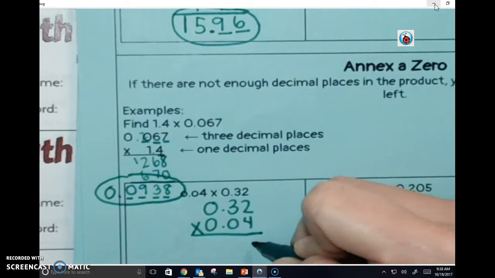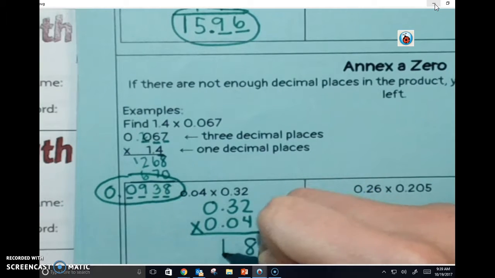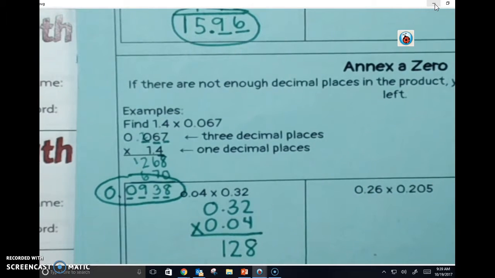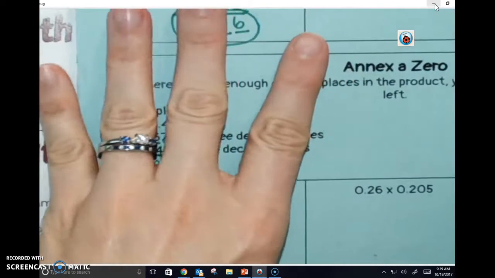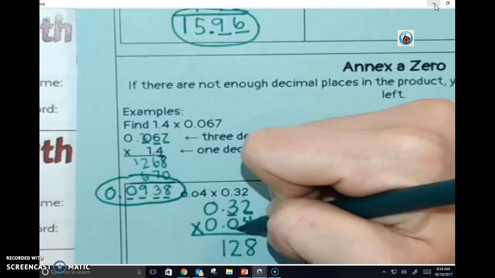So 2 times 4 is 8. And 3 times 4 is 12. Now, with your fingers, hold up the amount of spaces you think we need behind the decimal. 4. Because 1, 2, 3, 4.